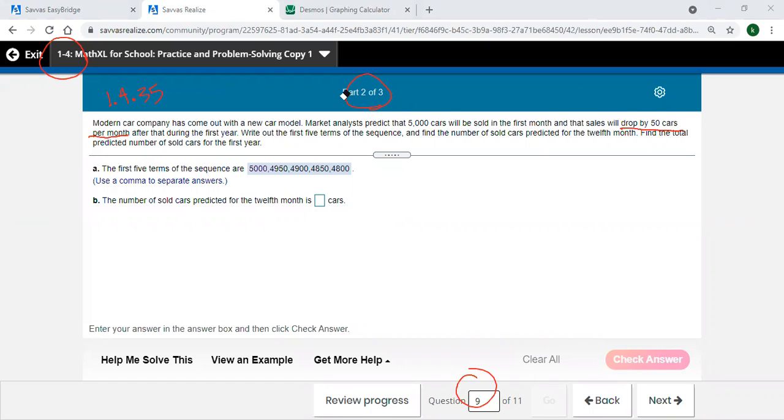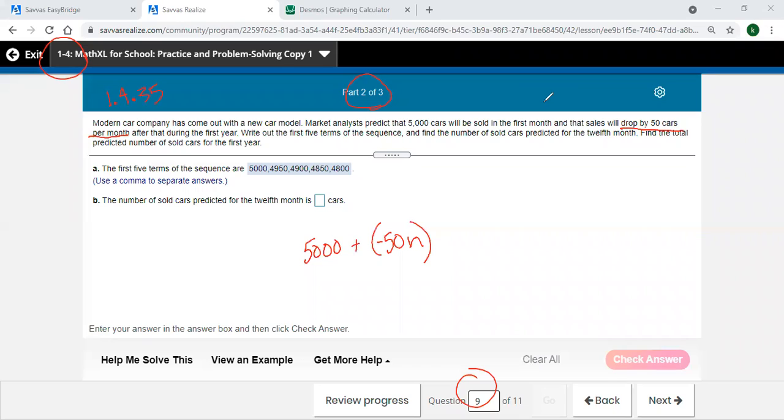Well, eventually here I'm going to want a formula because I don't want to have to keep writing out that list. So I'm going to take my 5,000 and you might say I'm subtracting or adding a negative. I'm going to be doing subtract 50 times n, the number of months, but not n, because the first month I shouldn't subtract any yet.